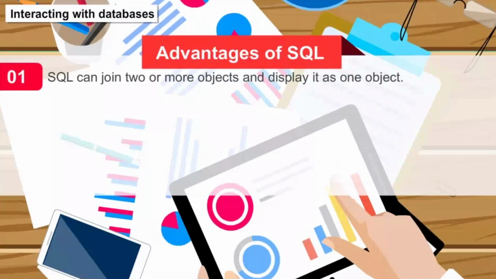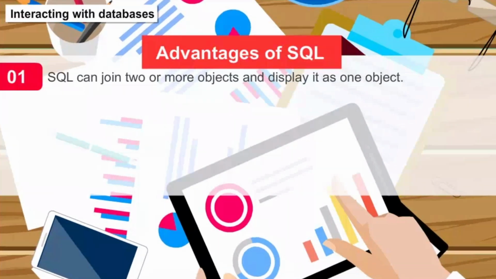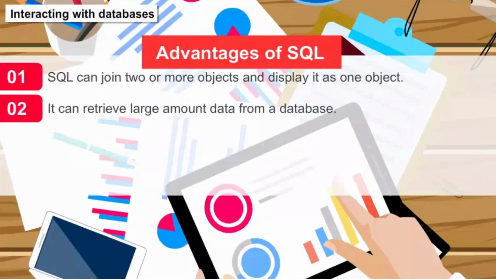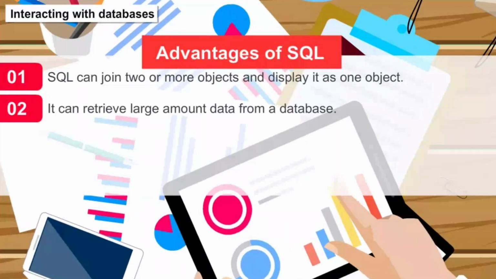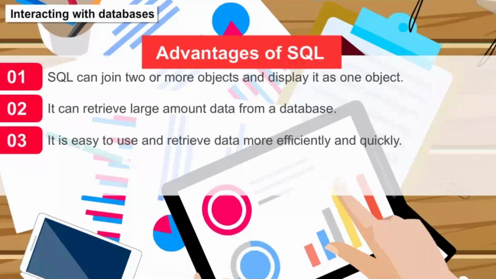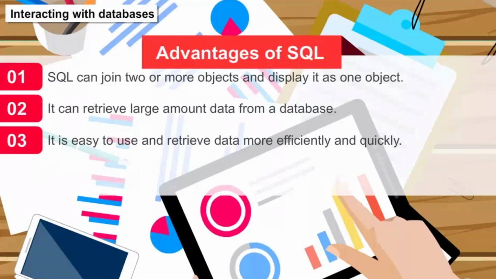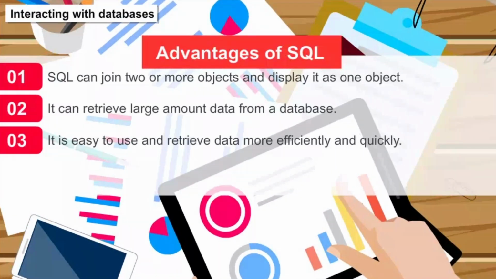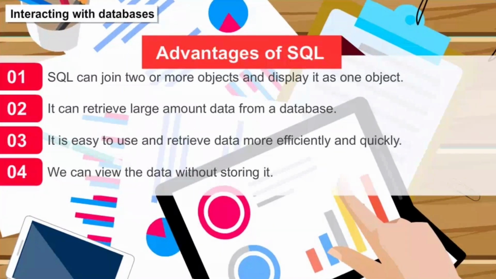SQL can join two or more objects and display them as one object. 2. It can retrieve a large amount of data from a database. 3. It is easy to use and retrieves data more efficiently and quickly. 4. We can view the data without storing it.